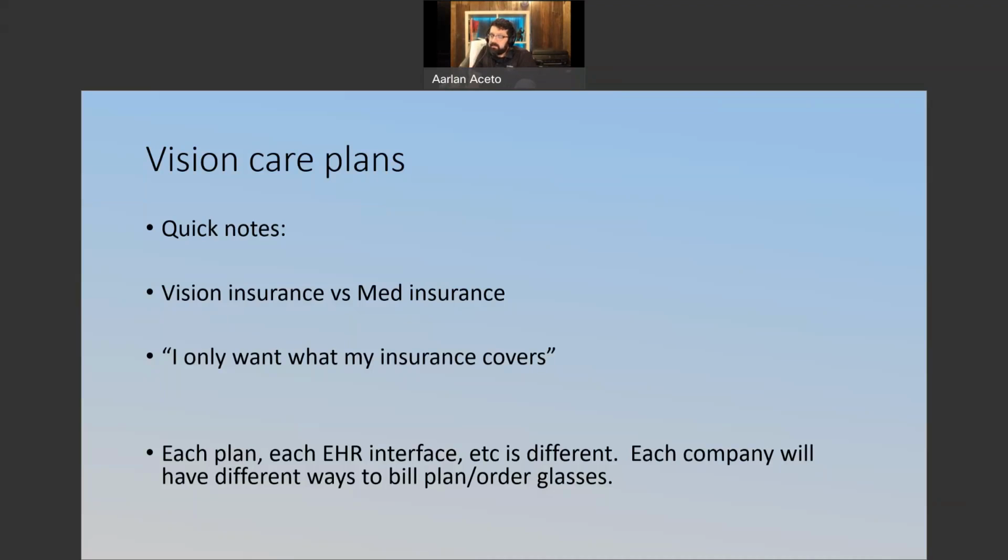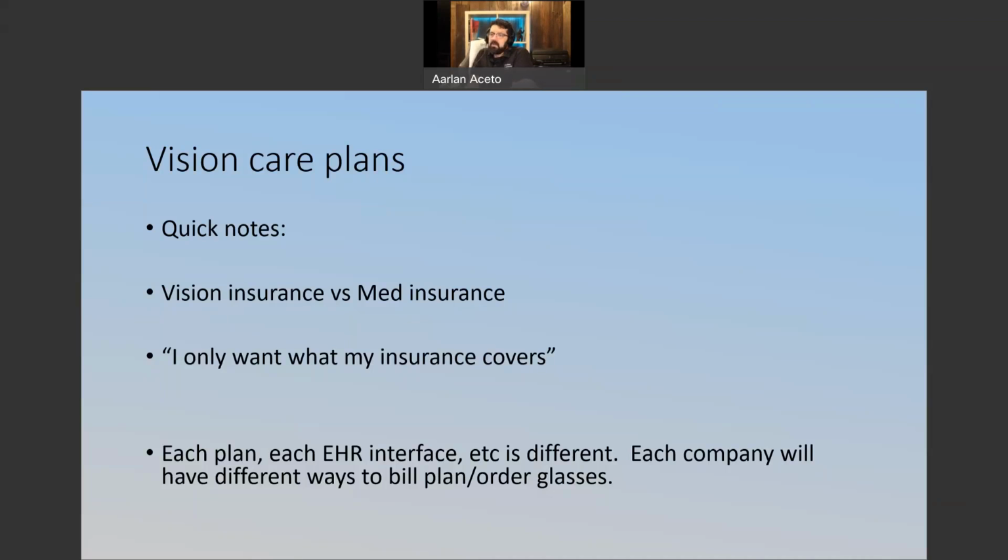I'll say, listen, here's what I would get you if you had no insurance and no other way to pay for it. Here's the frame, it's $250. Here's the lenses, the index, the transitions, the anti-reflective, and this is what I would get you, period, no matter what. Argue it's an $850 pair of glasses.